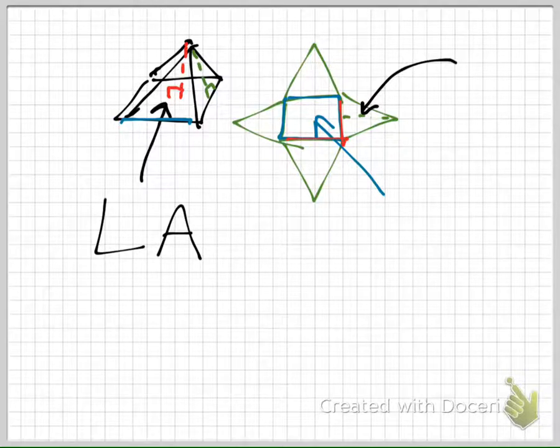Remember, we're finding the surface area, so you can wrap your brain around this. You're going to look at it and go, okay, here's a triangle. What do you need to find the area of a triangle? You need the base and the height. If you have the base and the height, you can figure it out, because the formula is 1/2 times the base times the height, right? And you know how to do rectangles because it's just base times height, right? Okay.